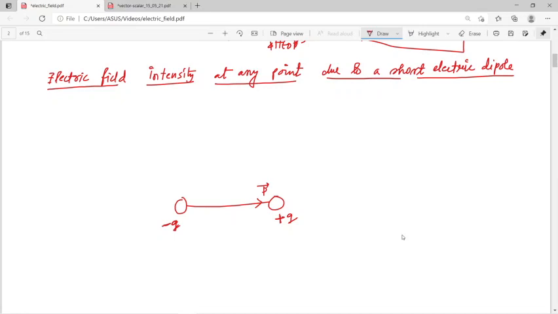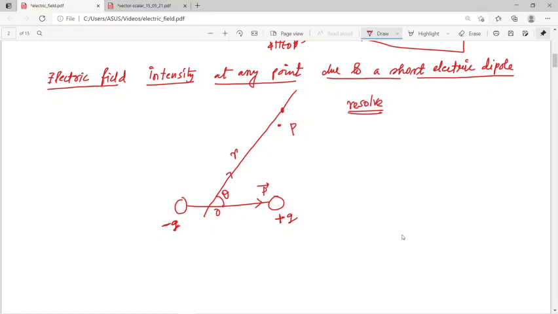Now we are finding the electric field intensity at any point P. The point P is at a distance r from the center of the dipole, and the line OP makes an angle theta with the direction of the dipole moment.